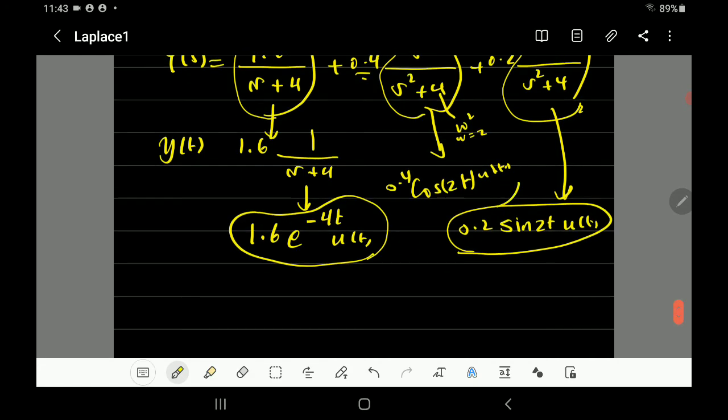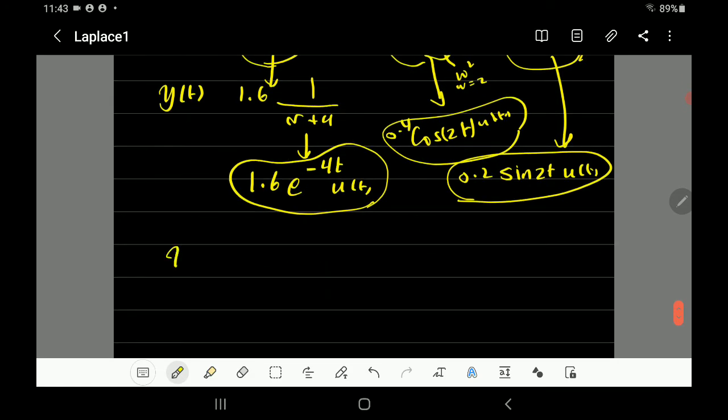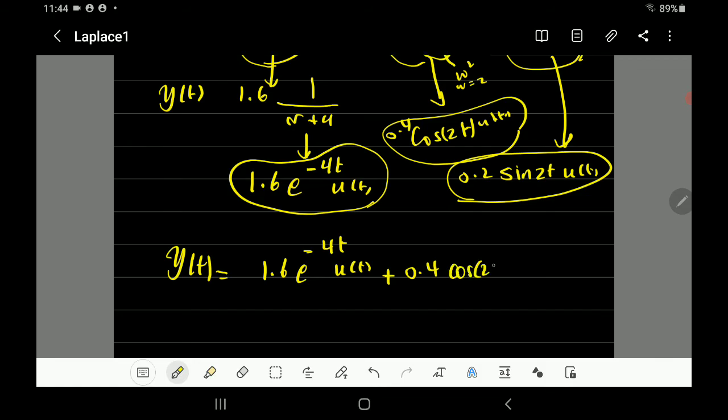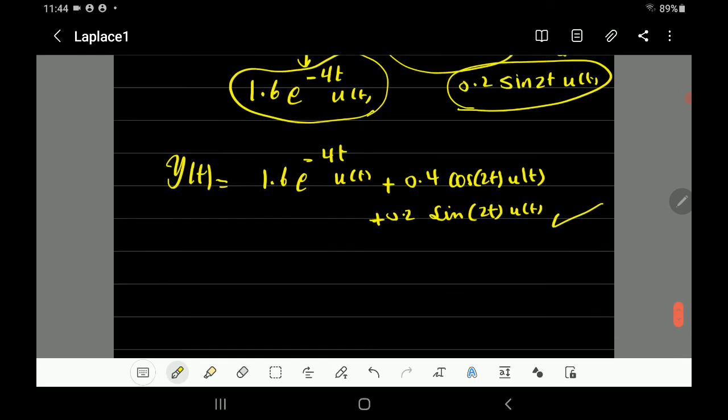So you got the solution: y(t) is equal to 1.6 e to the minus 4t u(t) plus 0.4 cosine 2t u(t) plus 0.2 sine 2t u(t). So part A is done.